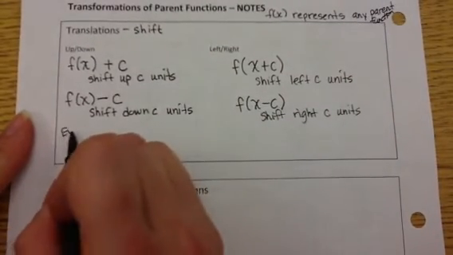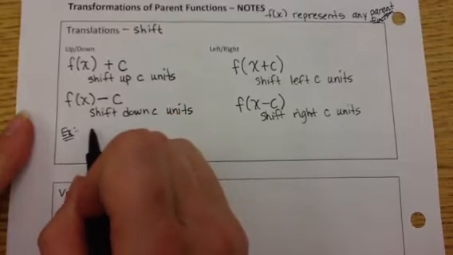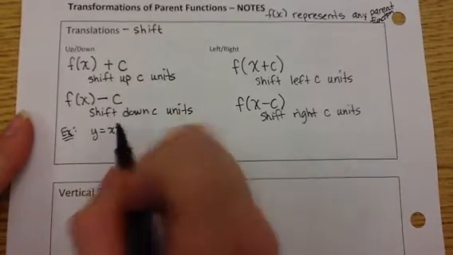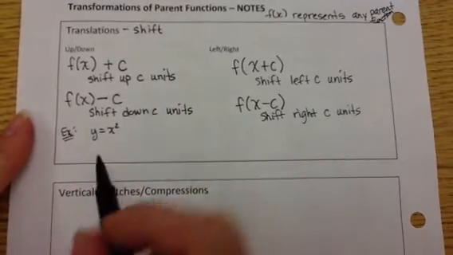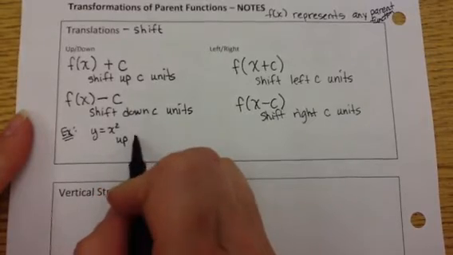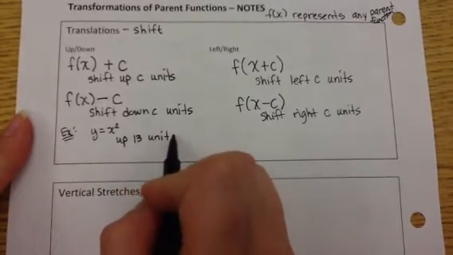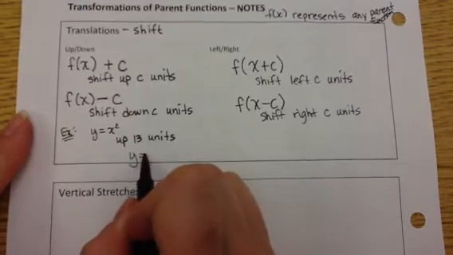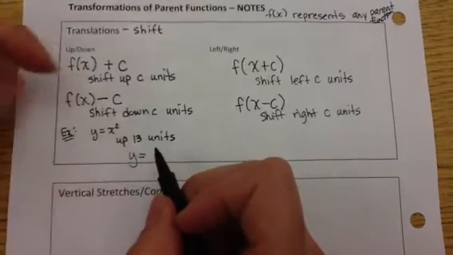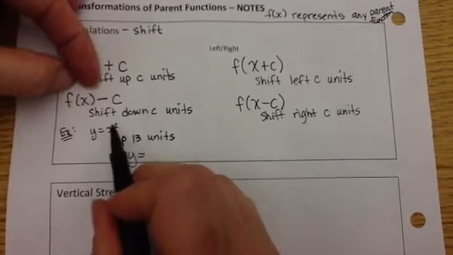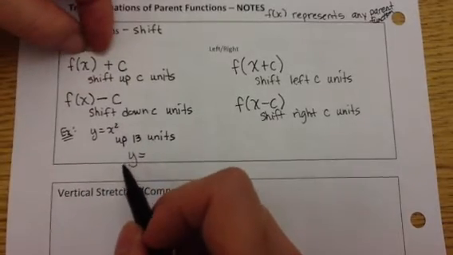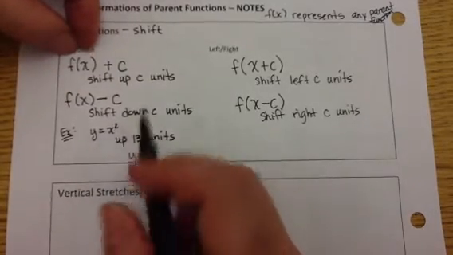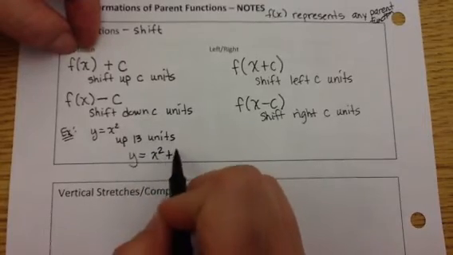Here's some examples. Let's use the parent function y equals x squared, or f of x equals x squared. If we're shifting up 13 units, we take f of x, which is x squared, plus 13.